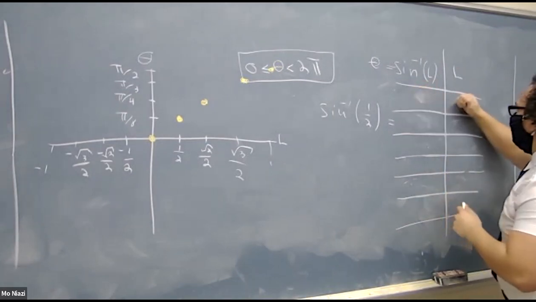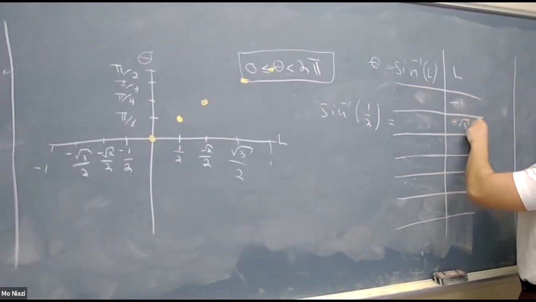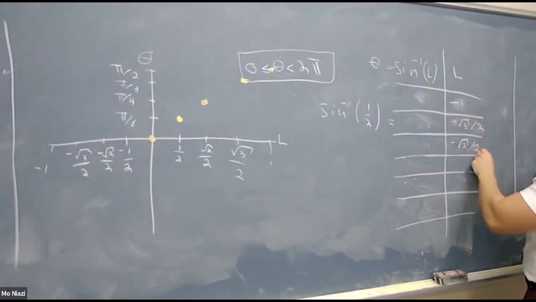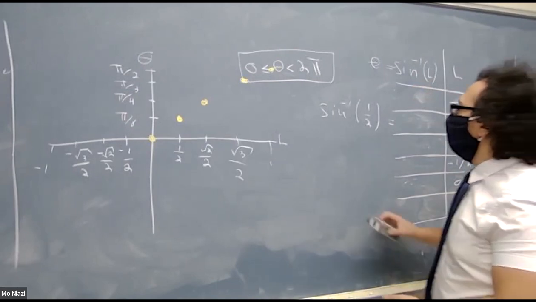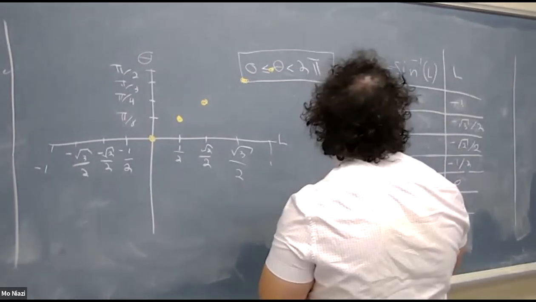Actually, let's start out with the farthermost negative: negative 1, negative root 3 over 2, negative root 2 over 2, negative 1/2, put 0 here. So what would the sine inverse of negative 1 be? Negative pi over 2.